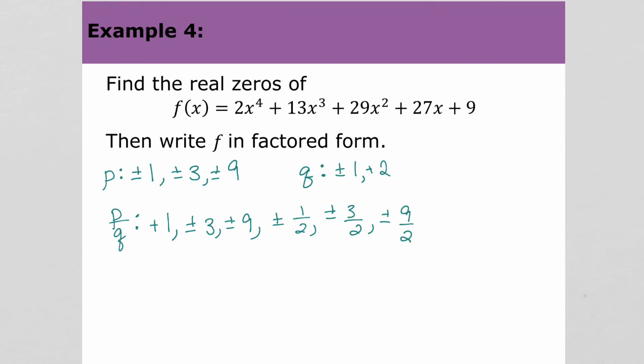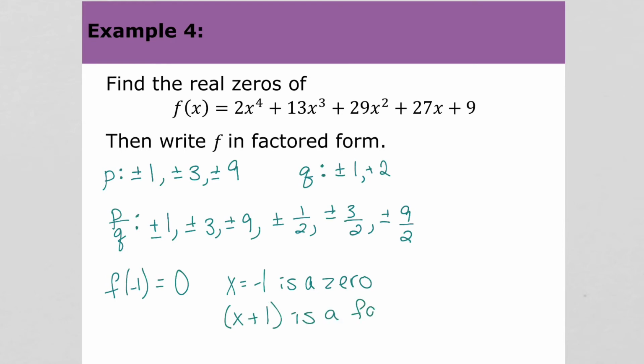So now we choose, let's just start with negative 1, and plug in. So we'll plug in negative 1 for x. I'm not going to write that out, but it is written out in your notes for you. And we get 0. So that means that x equals negative 1 is a 0 of f of x, and x plus 1 is a factor of f of x.